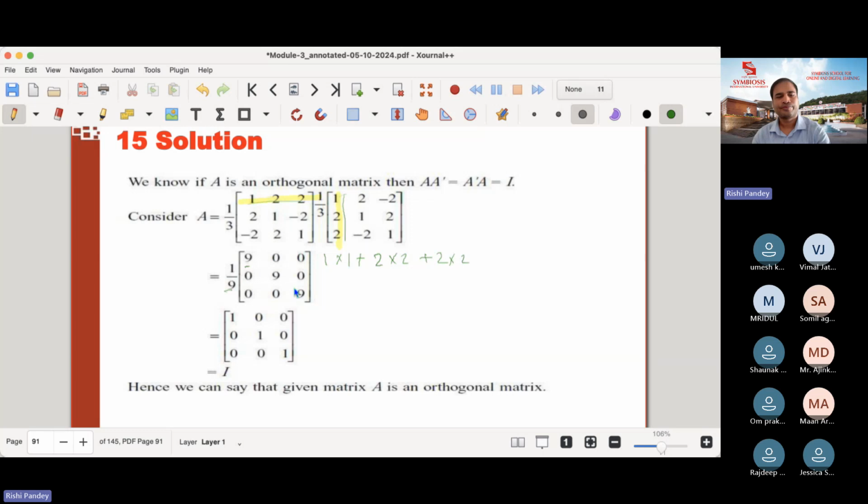Is it 9 or not? Sir, which is the answer, 9? See, first element multiplied by first element, second by second, and third by third. Okay, and then addition.